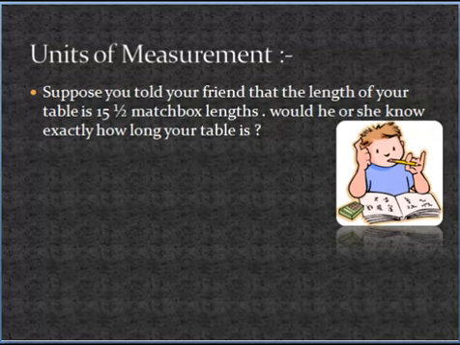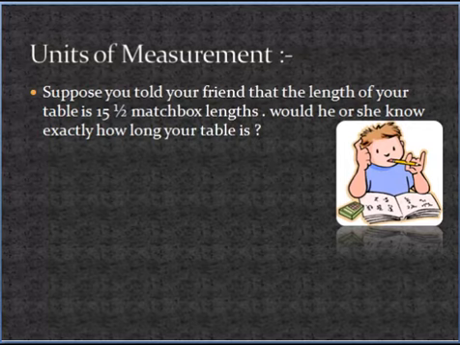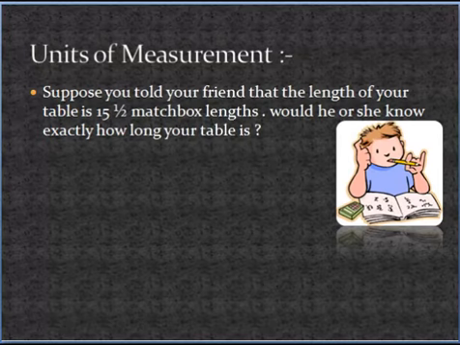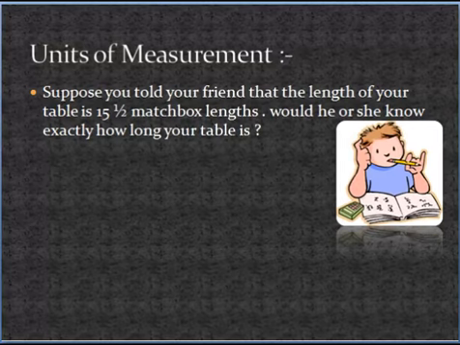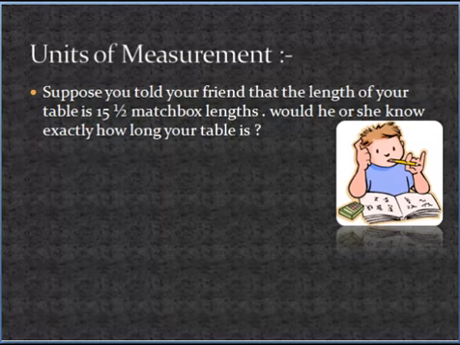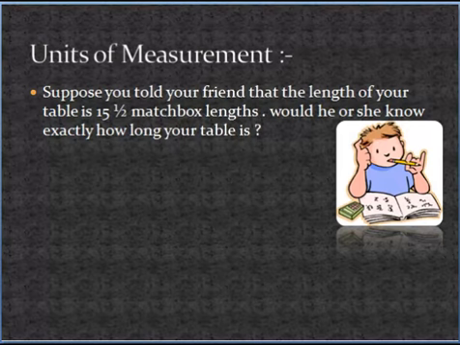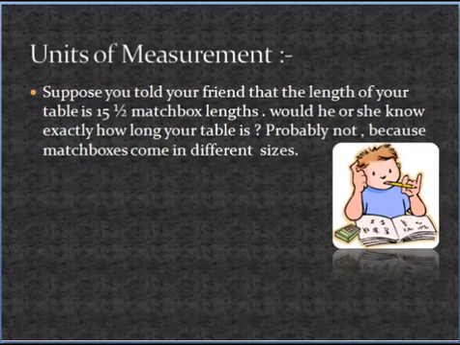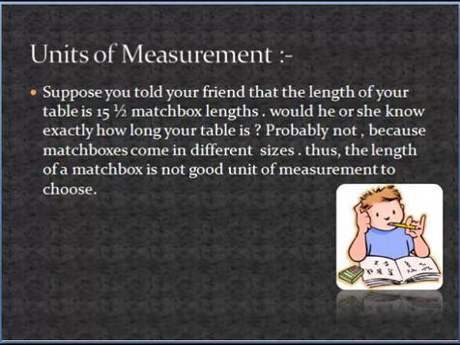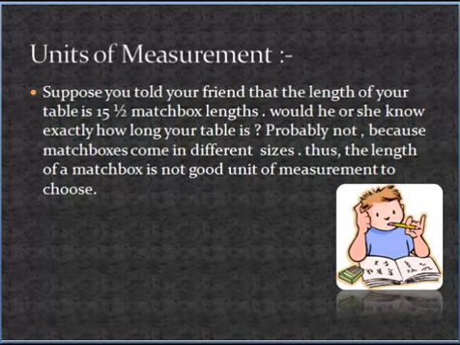So if the other person takes a different matchbox which has more length, then although you told them the length of your table is 15.5 matchbox, according to their measurement the number of matchboxes can be different, maybe 14 or maybe 17. Matchbox comes in different sizes, as I told you. Thus, the length of a matchbox is not a good unit of measurement to choose.